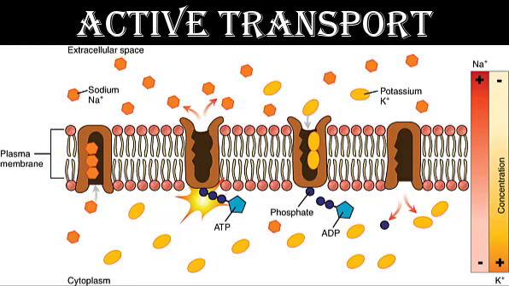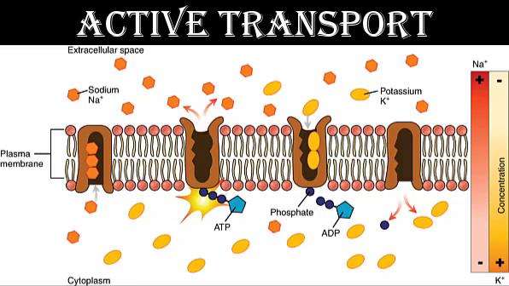So what is an electrical gradient? An electrical gradient is a difference in electrical charge across space. In the case of nerve cells, for example, the electrical gradient exists between the inside and outside of the cell, with the inside being negatively charged relative to the outside.